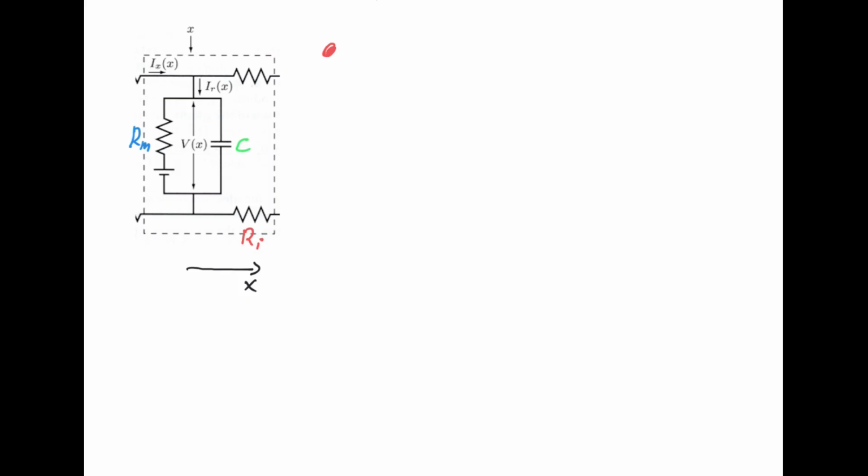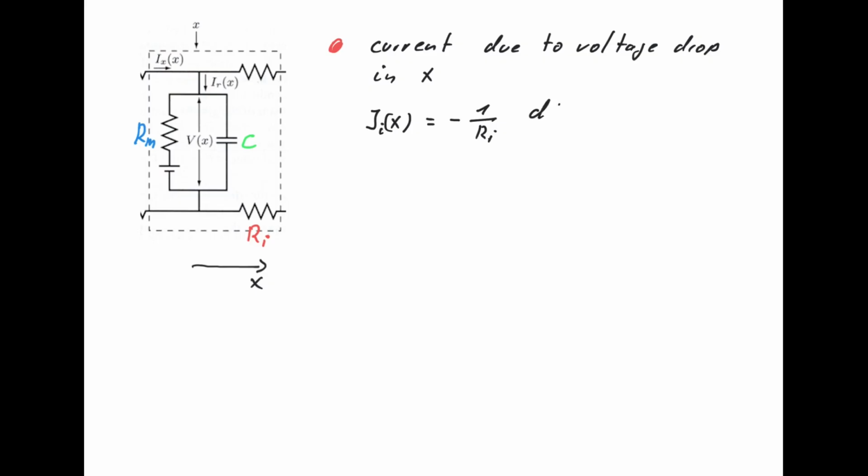Now for the internal current, I of x, which is characterized by the inside resistance, is characterized by the voltage drop dV of x by dx at that place. Hence Ii is equal to minus 1 divided by Ri dV dx, because there's a negative voltage drop.